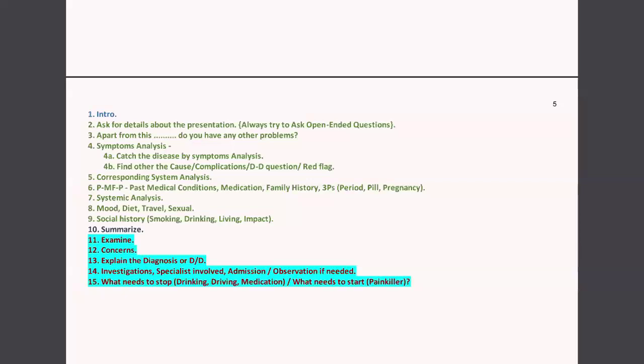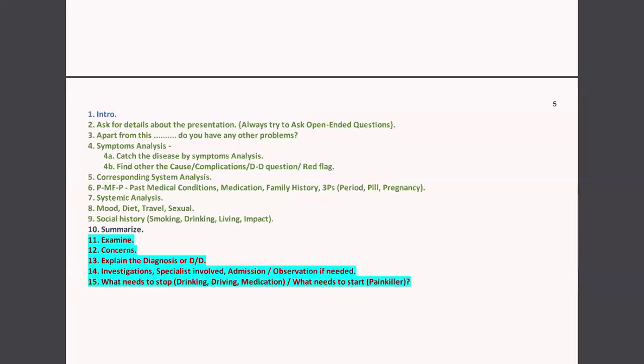And some questions regarding the differential diagnosis, and the red flags, if there are any. In a case of headache, you need to ask the red flags. In case of back pain, in case of diarrhea, every symptom has some red flags, so you need to ask about those as well.